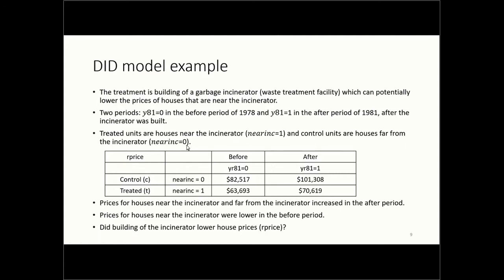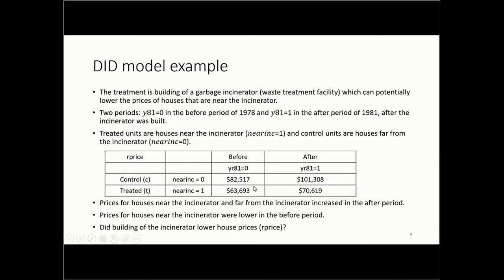So here our outcome is the price of the house, and we would have data on the before and after year. And here we would have the treated and control units, which means near the incinerator or not near the incinerator.